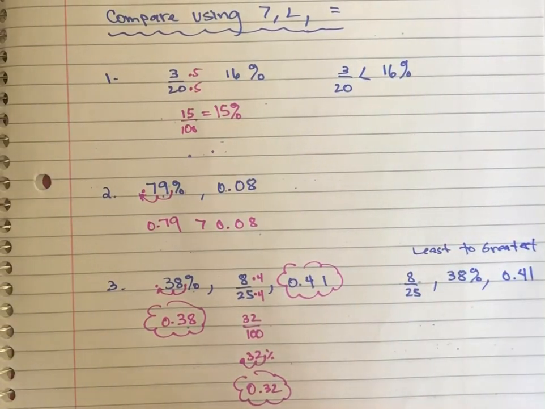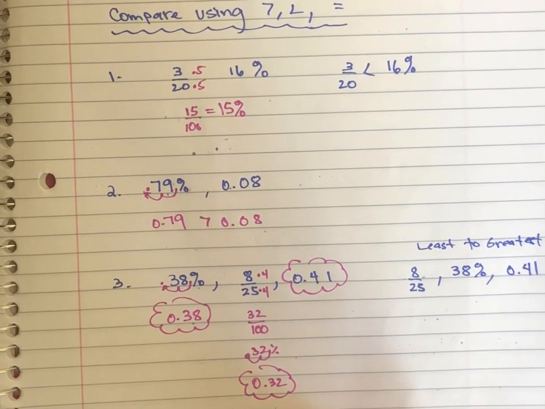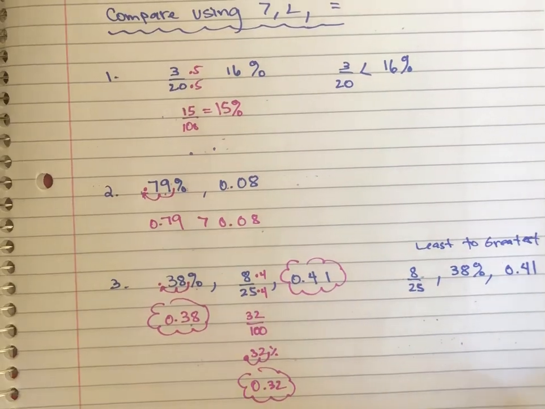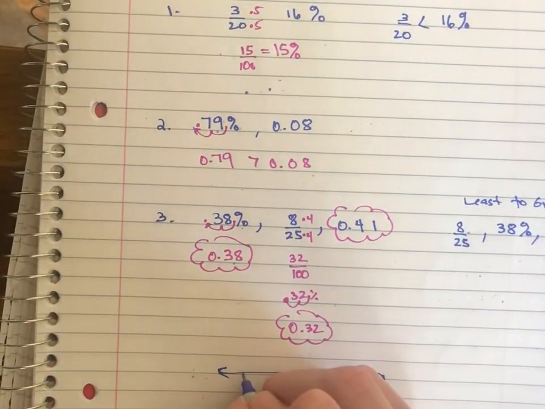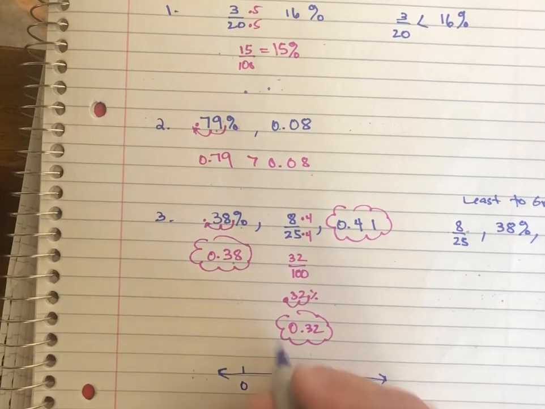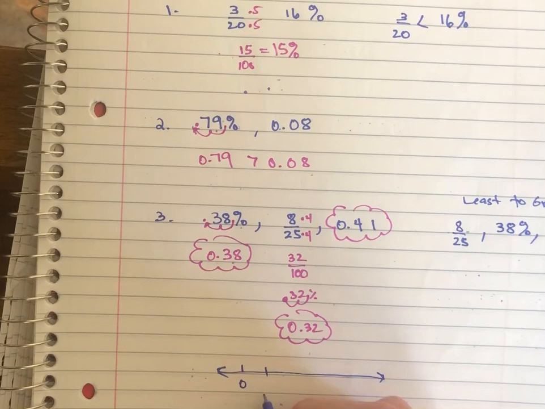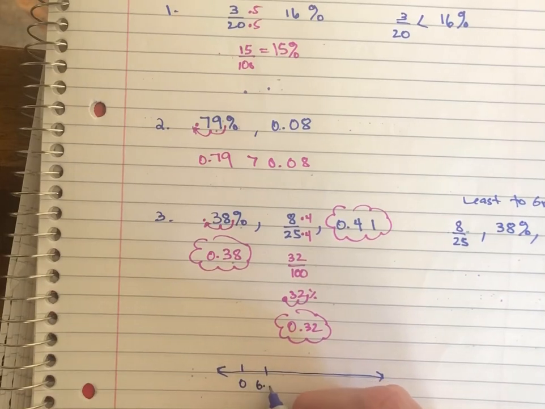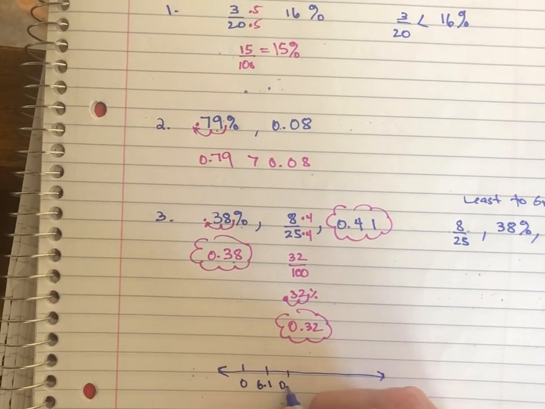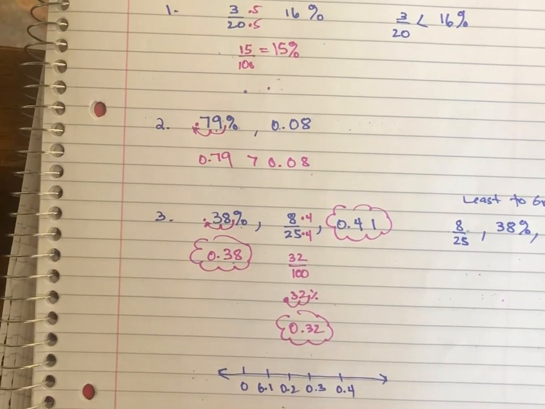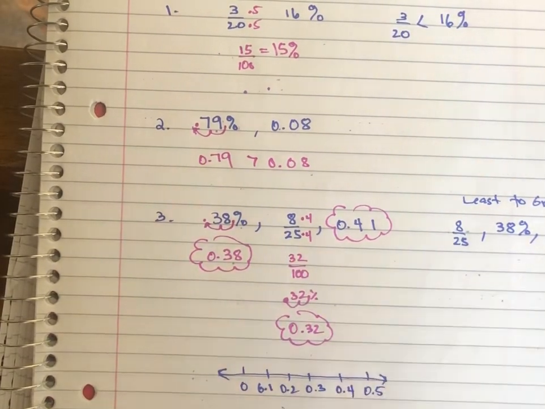And you can also show that on a number line if you need to, or if you want to. So here would be our 0, they're all positives. And I can just count maybe by hundredths. 0.2, 0.3, 0.4, and 0.5.